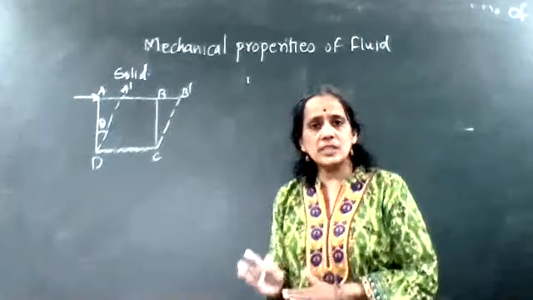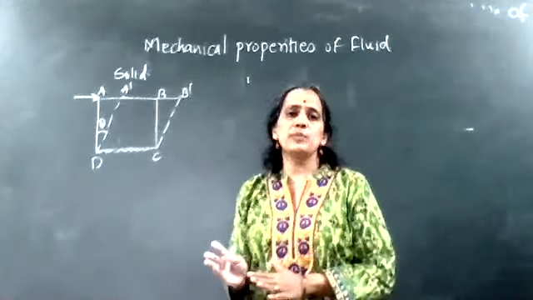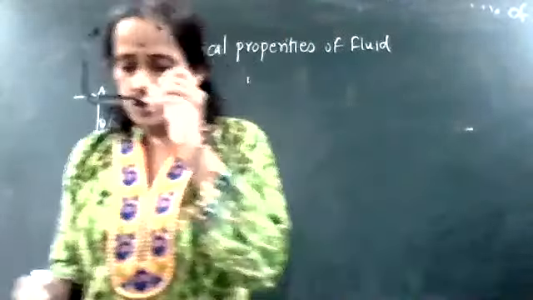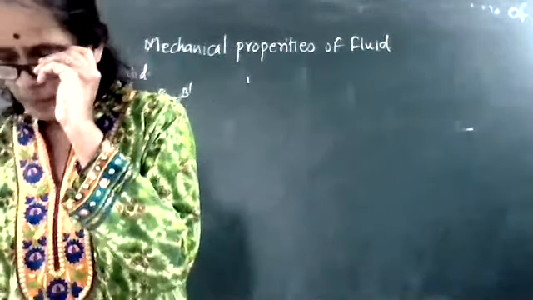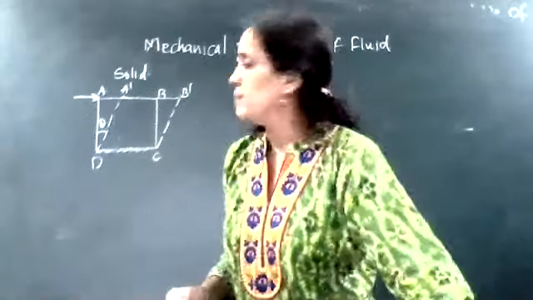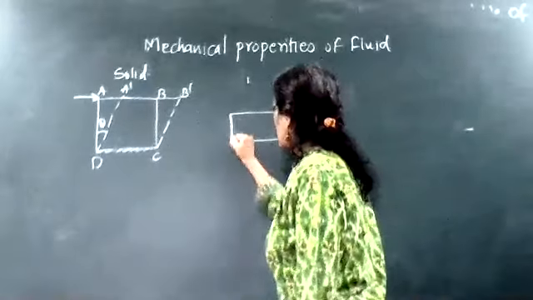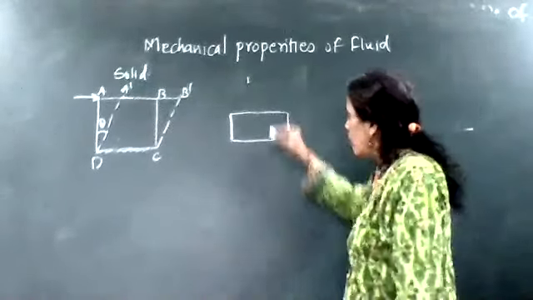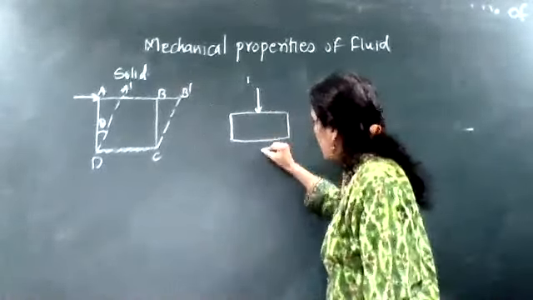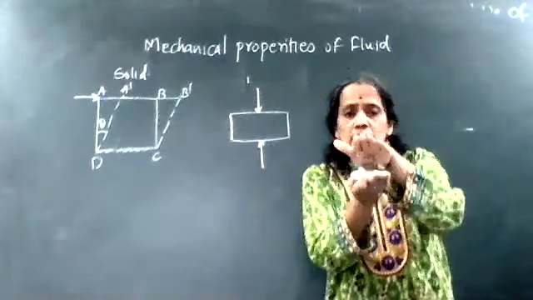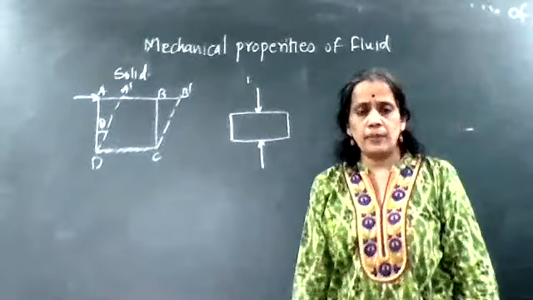This is a property of the solid. A solid also has another property. Suppose this is the solid, and I apply a force from the upper side and the lower side. Is it right?